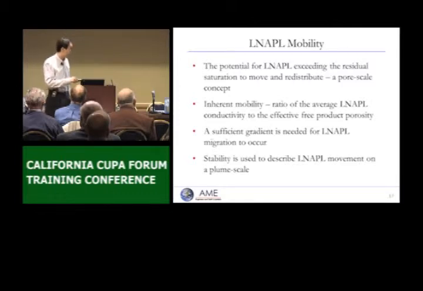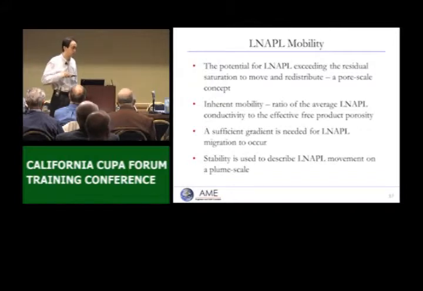A very important thing to remember is that if the LNAPL has a very high mobility, it doesn't mean it will move. It needs a gradient. It's just like water in an aquifer. If you fill a bathtub with water, it's not going to move because it doesn't have the gradient. Well, it has a vertical gradient, but it doesn't have a side gradient, so it's not going to move out of the bathtub.